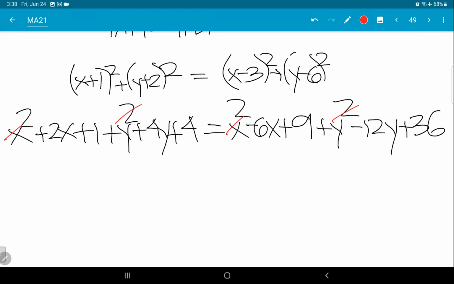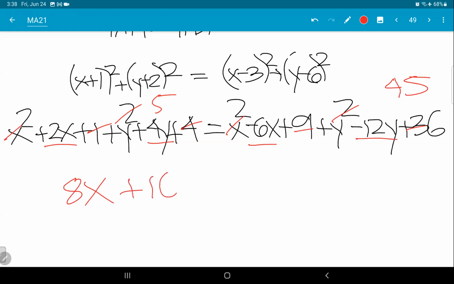Then I will be combining like terms, so transposing negative 6x, I have 8x. 1 plus 4 is 5. 9 plus 36 is 45. Then we have 4y. Negative 12y transposed becomes positive 12y, so that becomes 16y. Just verify. Then the 5 transposed, 4.